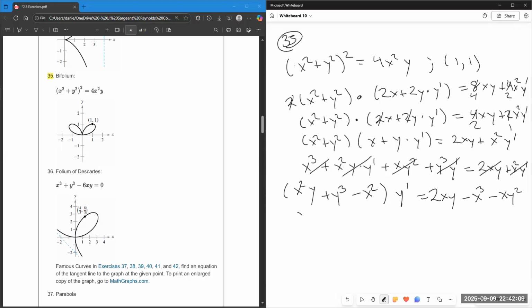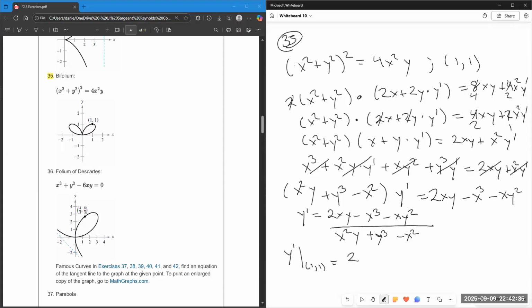And we have y prime equals 2xy minus x cubed minus xy squared over x squared y plus y cubed minus x squared. Now we need to evaluate that at the point 1, 1.